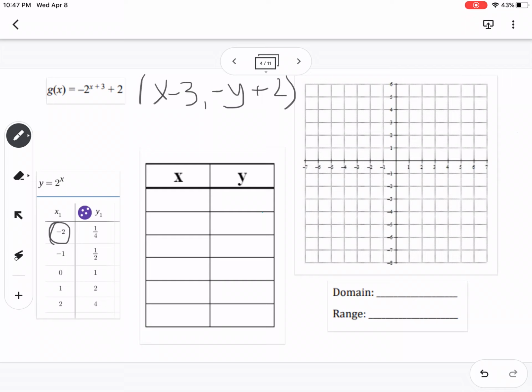All right, so -2 -3 is going to give me -5. Then we're going to take the 1/4, make it negative, add it to 2. So that's like saying 2 minus a quarter. Oh, duh, not 3. 2 minus a quarter is 1.75.